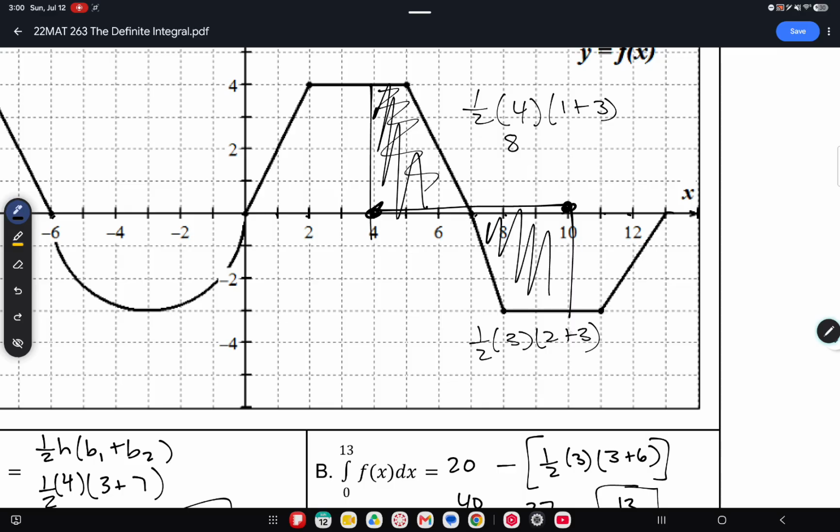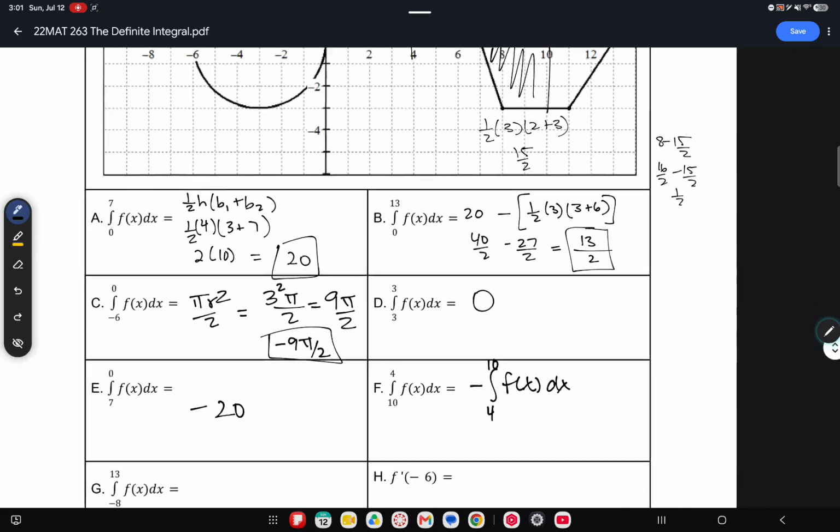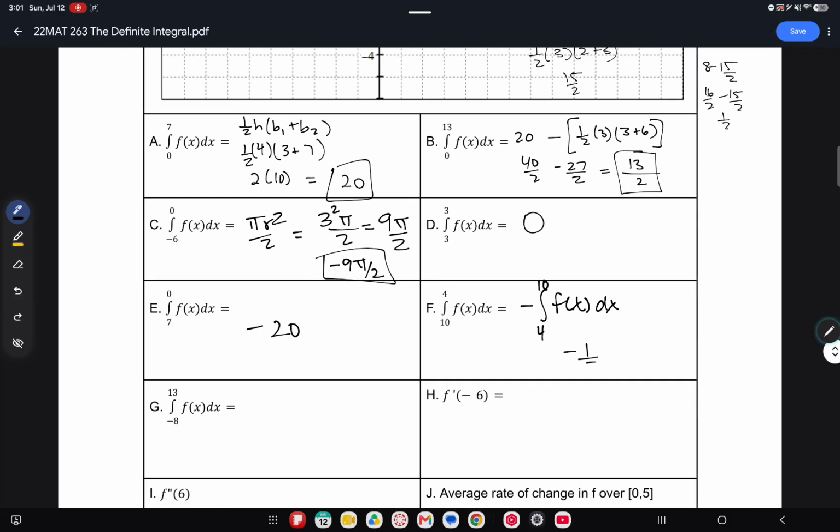So I have what? 5. 5 and 3 is 15, so 15 over 2. So if I'm doing it forward, I have 8 minus 15 over 2. So I'll make that 16 over 2 minus 15 over 2 to give me 1/2. But that's going forward. So going backwards just makes it a negative 1/2. Right?